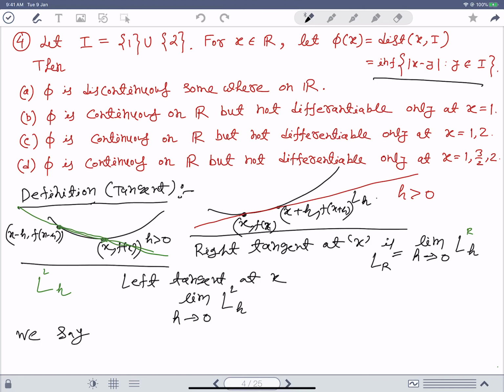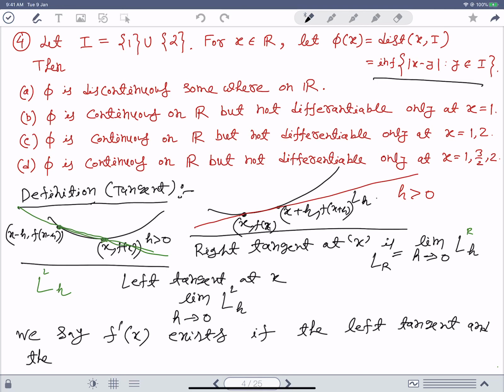So we say f dash x exists if the left tangent and the right tangent both exist and are equal.